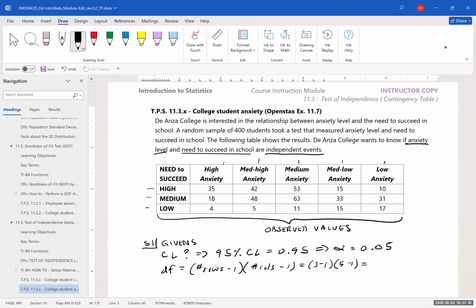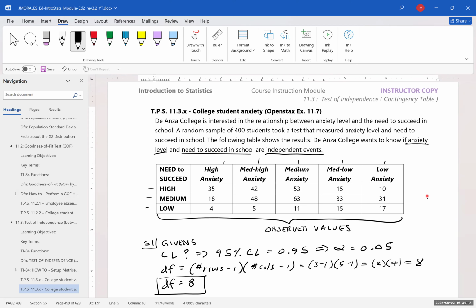So 3 minus 1 is 2, and 5 minus 1 is 4. So 2 times 4 is 8. So we have 8 degrees of freedom. I think that's all we're going to get for step 1 as far as our given information.